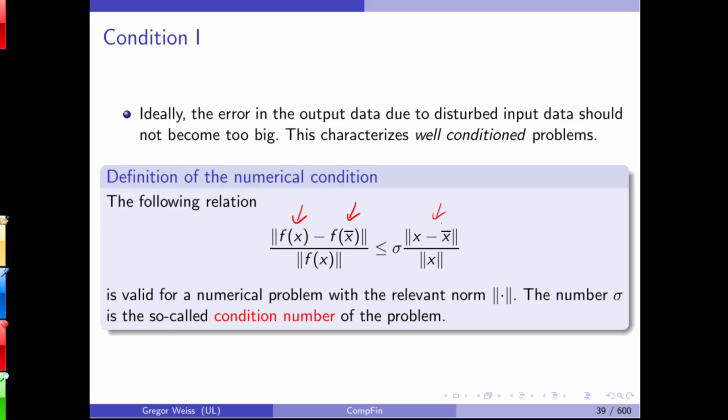And the condition of such a problem is this sigma here. This is the so-called condition number, die Konditionszahl eines mathematischen Problems. What does that mean? If the problem is badly conditioned and the condition number is very high, it means that a tiny error in your input data is scaled up, it's aggravated.